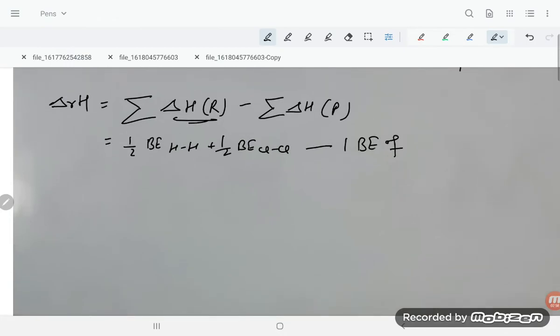So let us try to solve it, students. Here the enthalpy of reaction is minus 91.